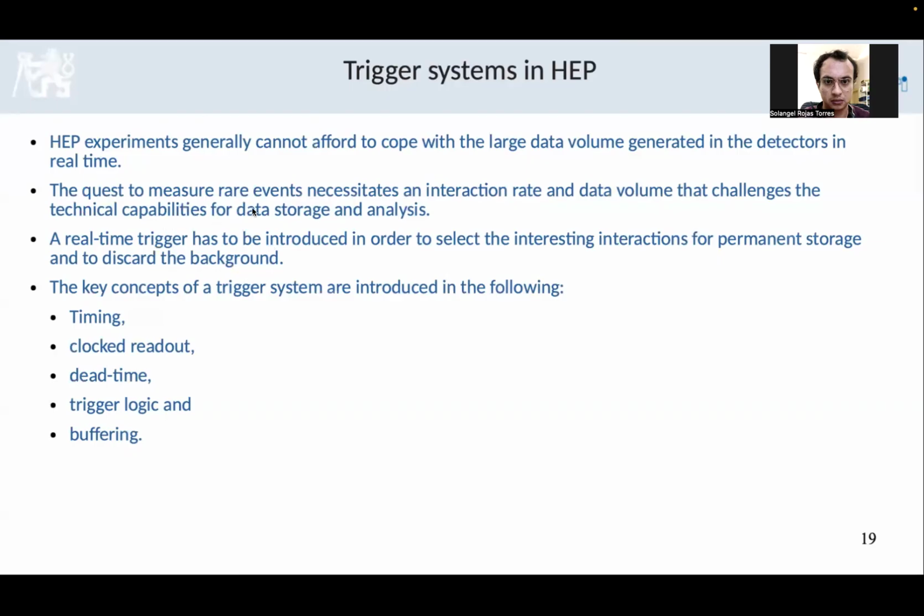And also, for example, you have to be careful to store rare events that need very high data rates and volume. So that's one of the goals of triggers. Interesting interactions are stored for permanent storage, and others are discarded as background.